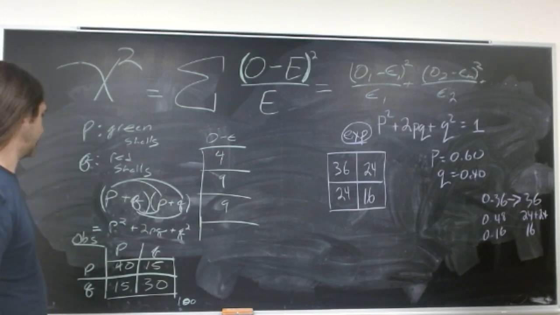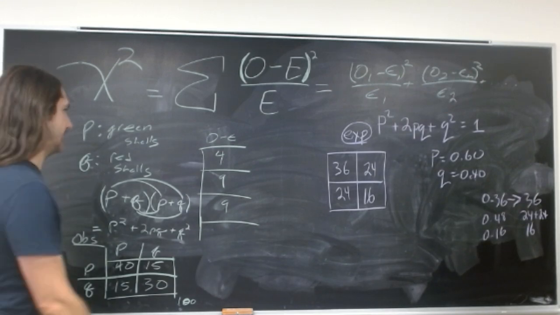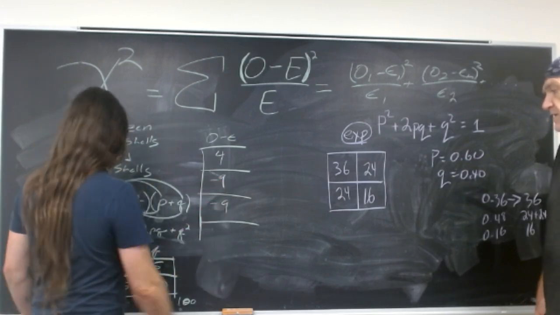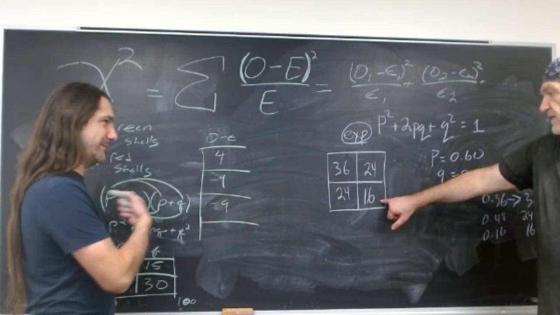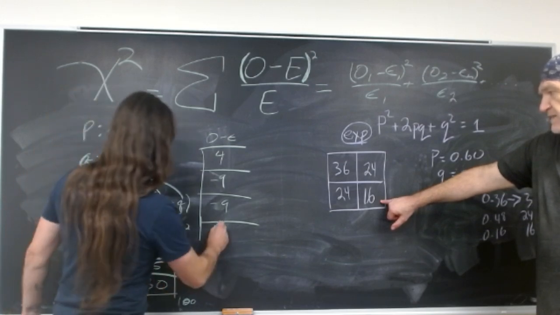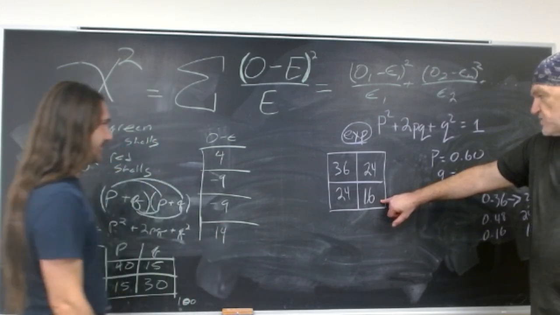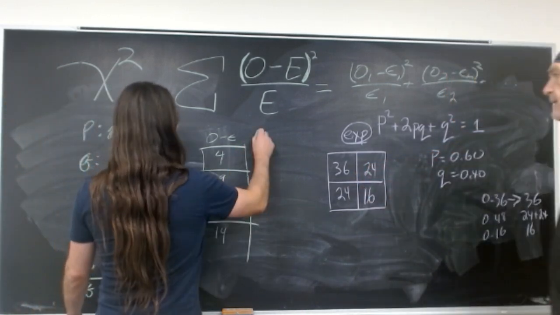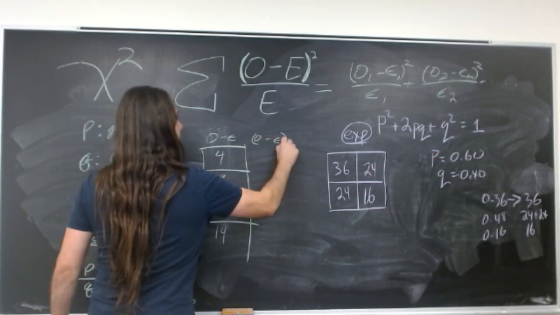That's the beautiful thing about chi-squares. No negatives. If you get a negative, you've gone wrong. Or it's just the idiot at the board forgot to add the negative. Me. That was the big one. 14. So the thing that's really different are these two cells. So now O minus E squared.